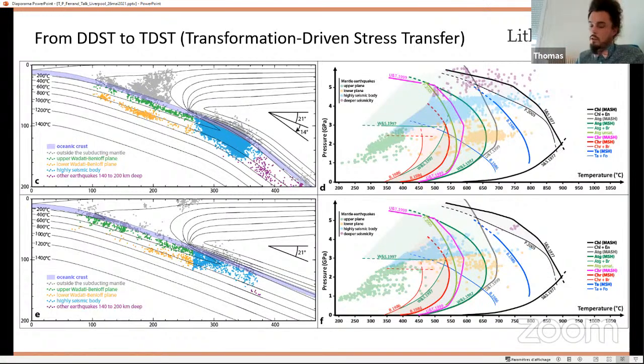So you can see that in yellow, the lower Wadati-Benioff plane, you can explain all the seismicity of the lower plane by antigorite dehydration, and the rest requires additional phases.